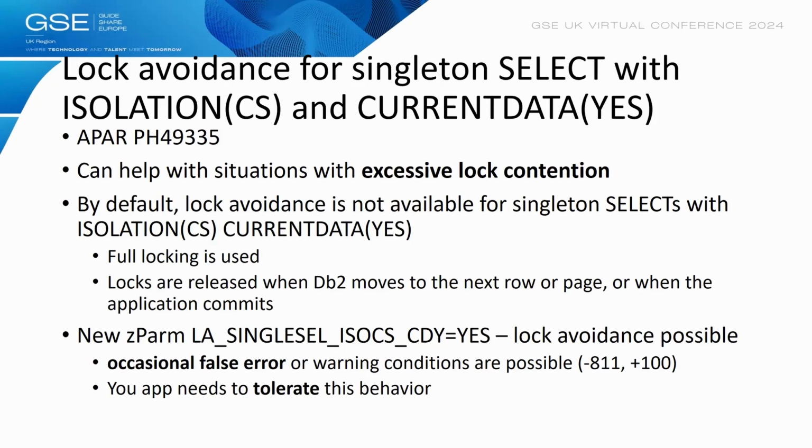That's why there is this zparm, which controls whether you want this on or off. I wouldn't turn this on, because then you can see some incompatible behavior, some false errors, and so on. So only use that with care if you have excessive lock contention. But I really like to read about current data, because it confused me a bit.